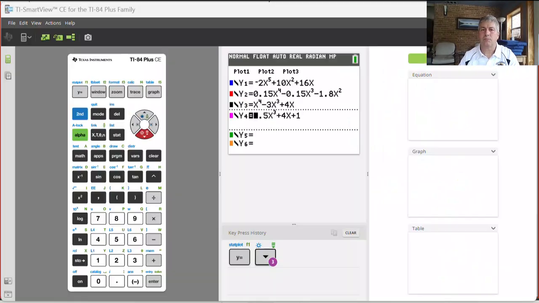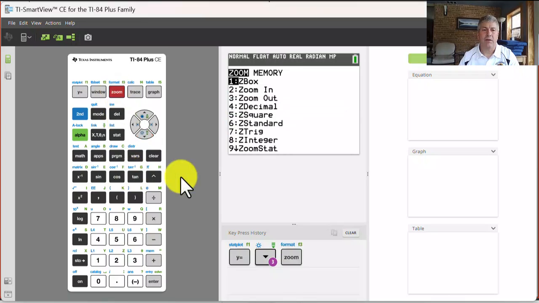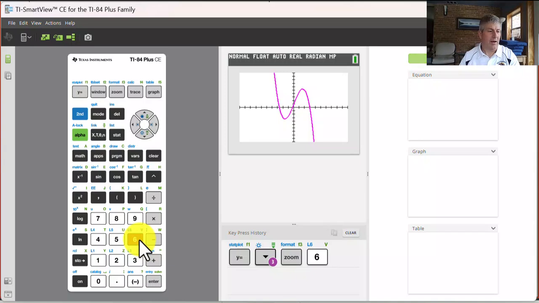I have put the function for question 4 into my calculator, negative 1/2 x cubed plus 4x plus 1. We will go ahead and graph this in the standard window, and we get a nice looking graph that mimics exactly what's in our notes.